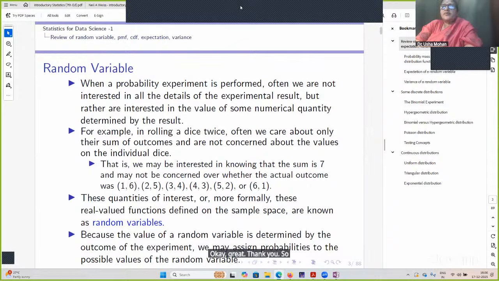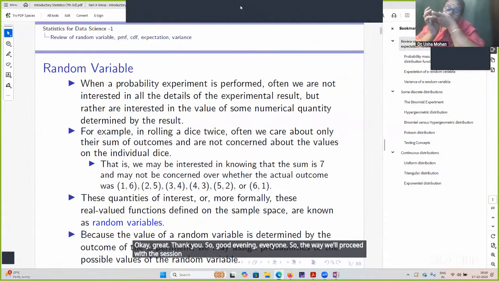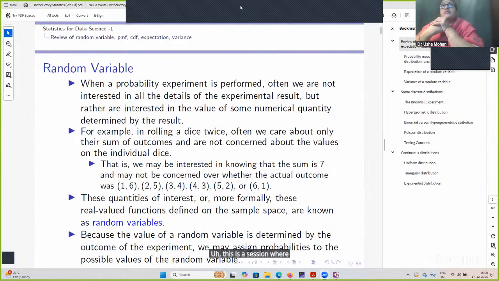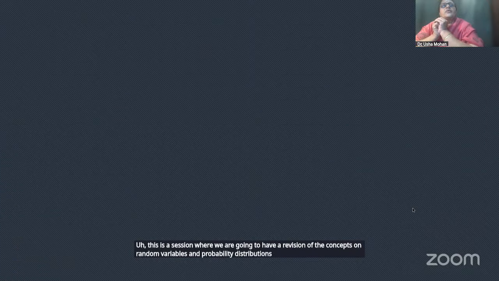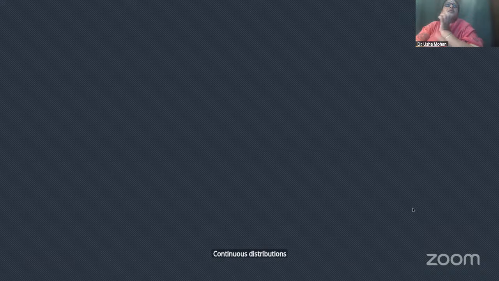So good evening, everyone. This is a session where we are going to have a revision of the concepts on random variables and probability distributions. In particular, we are going to look at discrete and continuous distributions along with the random variables.